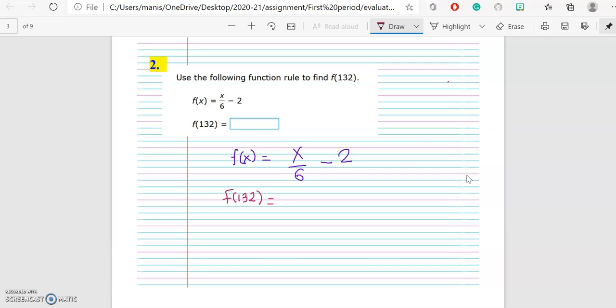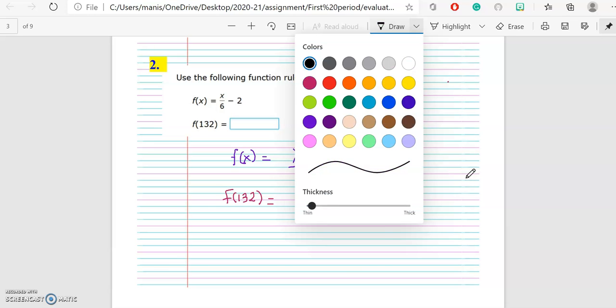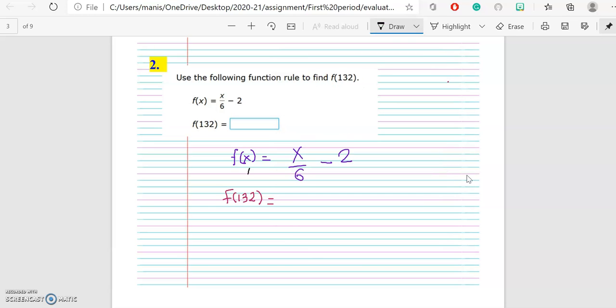This question is telling you the value of input or value of x is 132. So in this question over here, I see x over here. So I will replace this x by my value 132. I will write 132 over here divided by 6 minus 2.